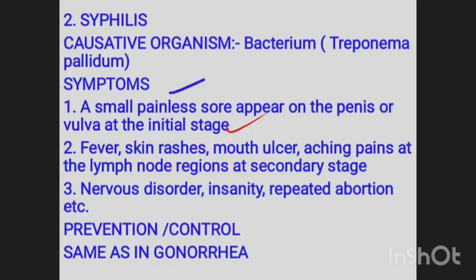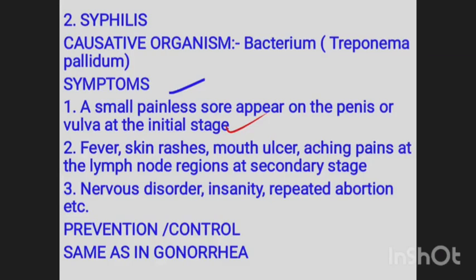The number two symptom is fever, skin rashes, mouth ulcer, aching pains at the lymph nodes at the secondary stage. So there will be fever, skin rashes, mouth ulcer, then aching pain from that sore at the secondary stage.